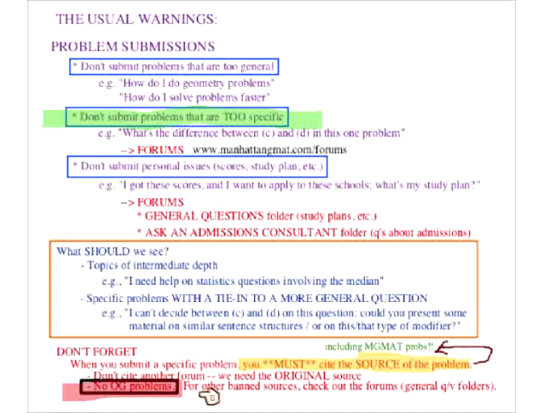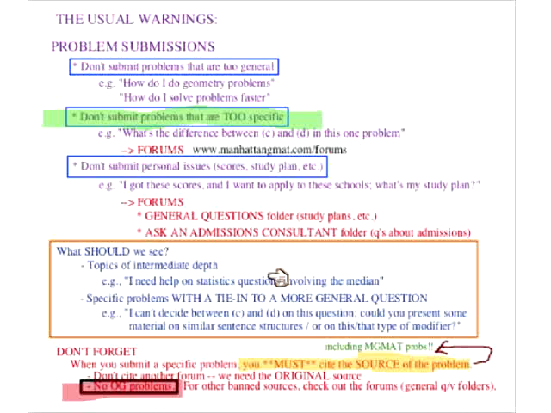Please do not submit problems from the official guide. Thanks. Also, the same sources that are banned on the forum are also banned here. So for the list of sources that you are not allowed to submit here, check out the forums. The first post in each folder should have a list of banned sources.